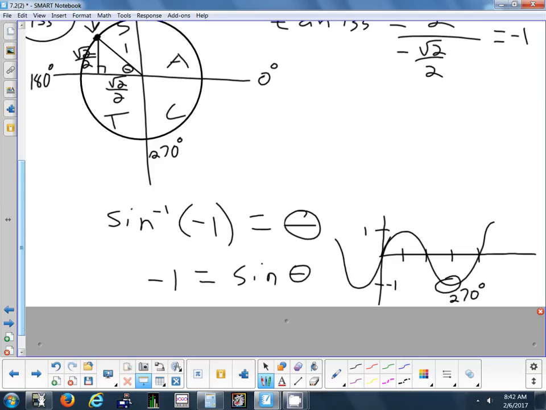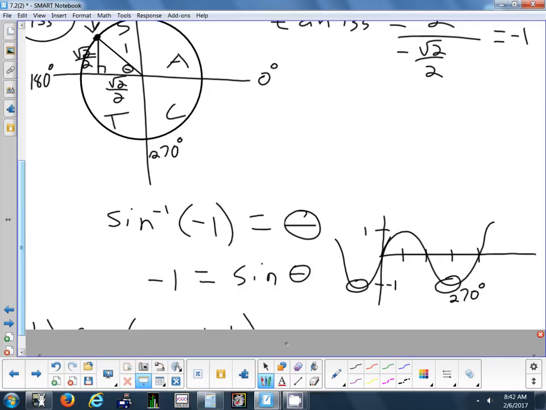You could write that as an answer to this problem. Or it also hits -1 back over here. What would that answer be? -90. Now, even if you didn't have the picture, how could you take this answer and turn it into that answer if they wanted? You can always add or subtract 360 and get an answer somewhere else for sine.